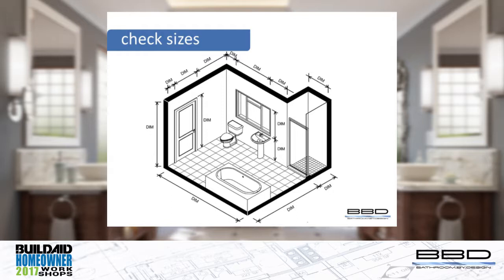If you haven't, make out a little sketch drawing yourself and put on the measurements of the spaces that you have. If you're not going to be doing any moving around of walls, or external walls like extensions, then check that those measurements are accurate with a simple tape measure, write it down, make a little plan, and take it with you to check the sizes of the items that you're seeing in your showrooms.